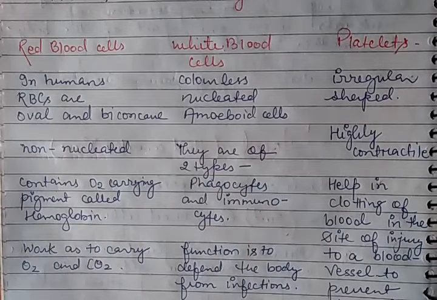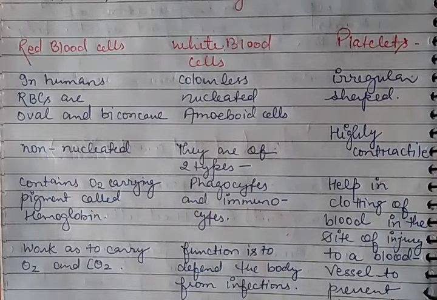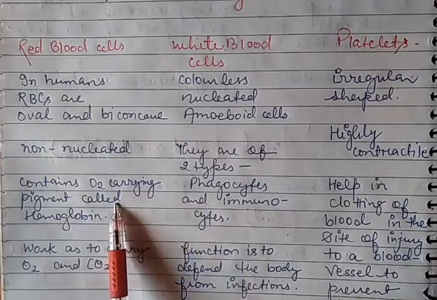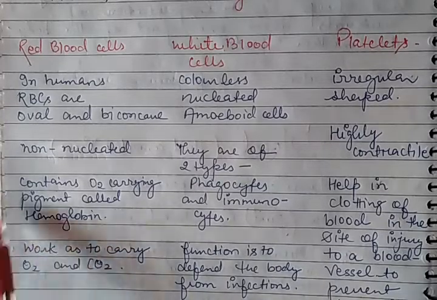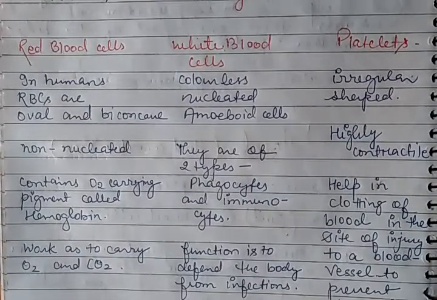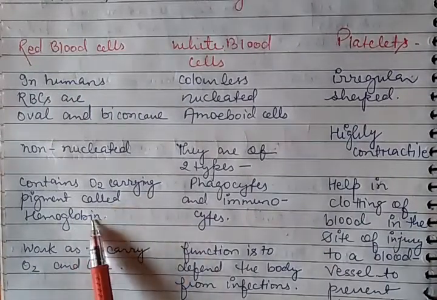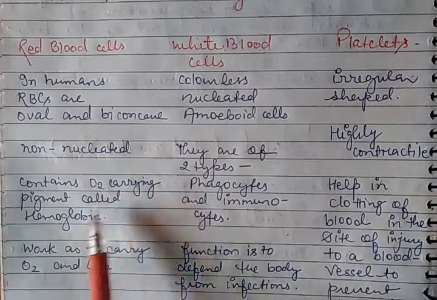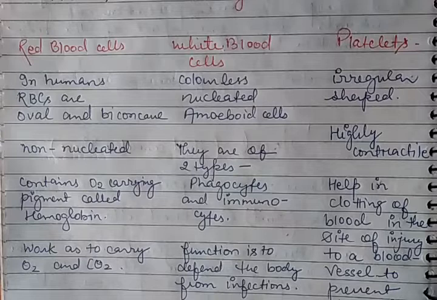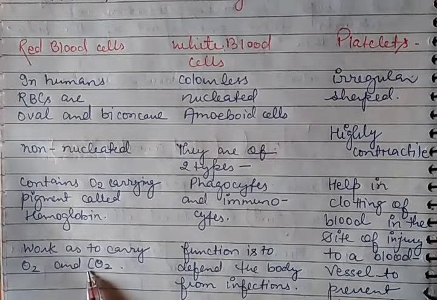The mature RBC in the human has no nucleus, and the characteristic feature of the red blood cell is that it has an oxygen carrying pigment called hemoglobin, which is red in color, and that's why these cells are called red blood cells. Hemoglobin carries oxygen, and it also carries carbon dioxide gas in the body.